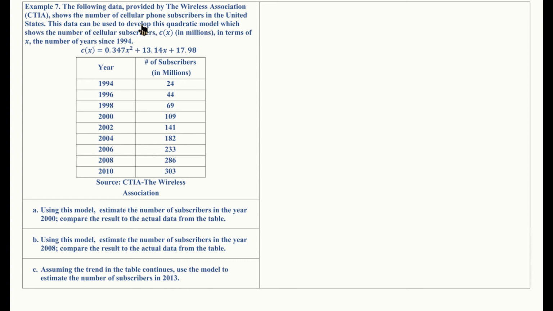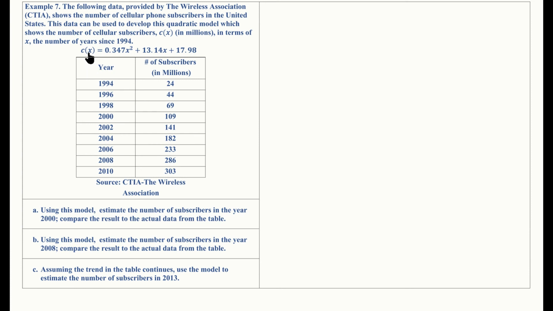So it says this data can be used to develop a model, right? So a mathematical model where you can give the model a year, and then it'll estimate the number of subscribers, right? So the only reason I wanted to introduce this problem to you is because you'll see this kind of question in statistics, for example, quite a bit.